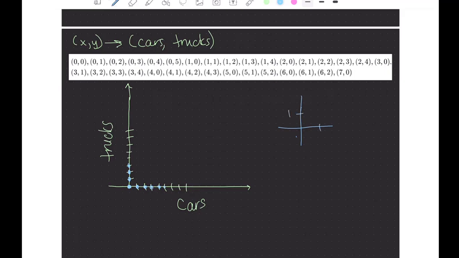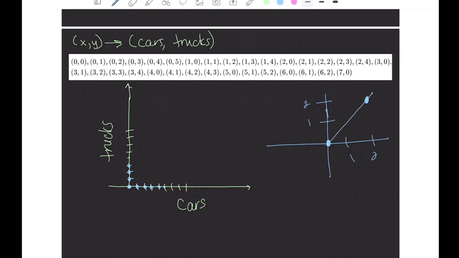Let's see, that's 1, 1. Say I filled in that point, and then let's say I filled in the point 2, 2. And I connected those points, right?